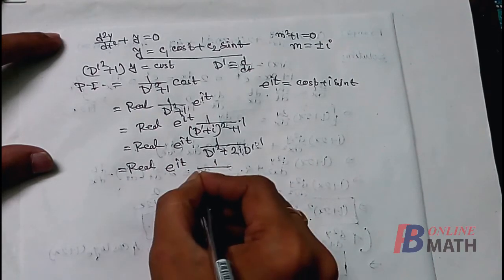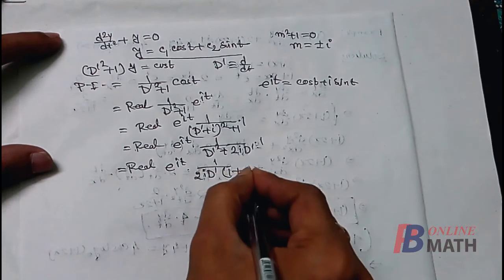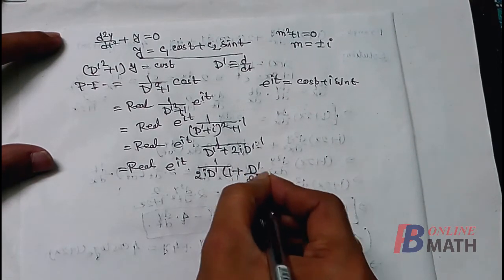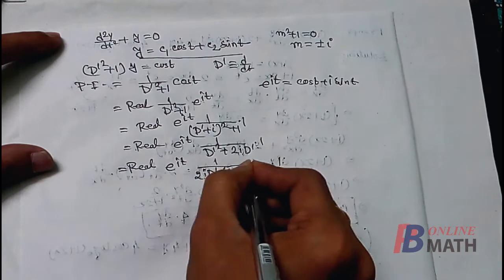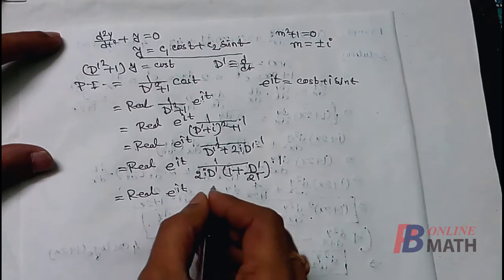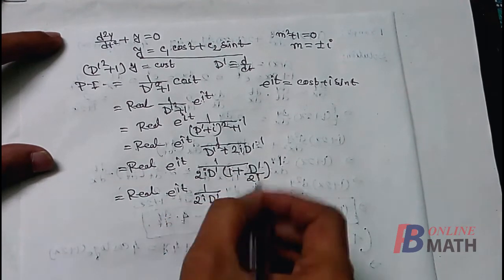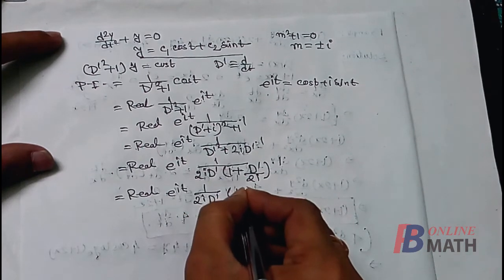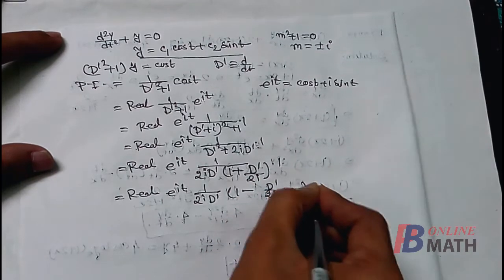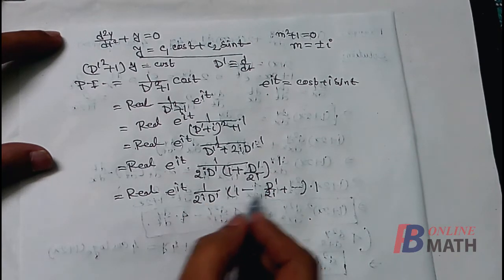Taking 2i D' common, we find that it is 1 plus D'/2i on 1. So it is real part of e^(it). Now it is 1 by 2i D'. So if we expand this function, it is 1 minus D'/2i plus the other terms on 1, because this is (1 + D'/2i) to the power minus 1, so these are the first two terms.